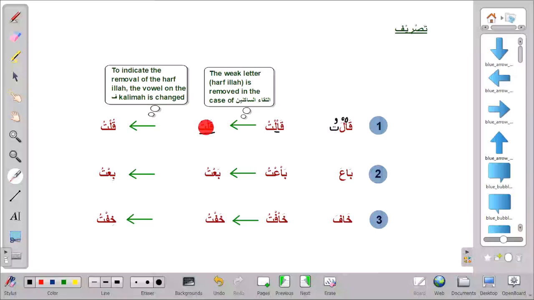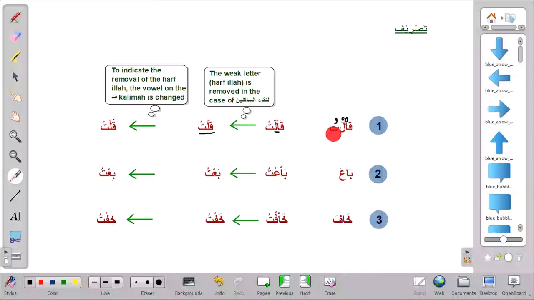But in order to give an indication that we removed something, we have to change the vowel on the first letter, the fa kelima, to something else. So from fatha we change it to dhamma, and that is qultu instead of qalatu. So that's how we conjugate the madi verbs, the past tense verbs of the fi'l ajwaf.